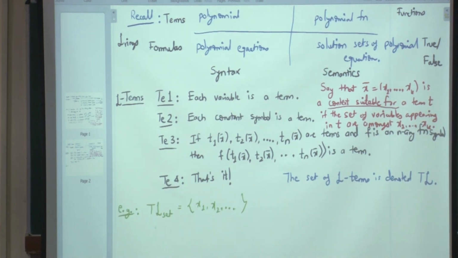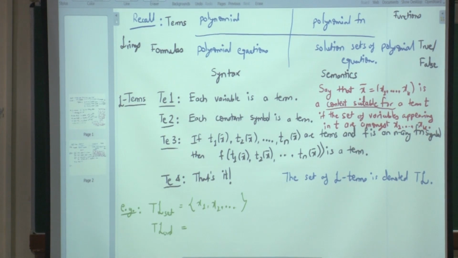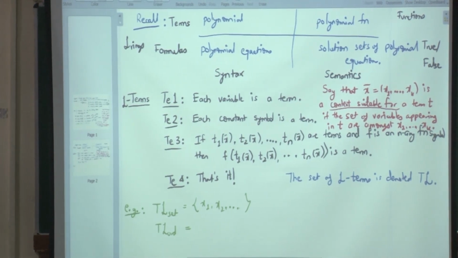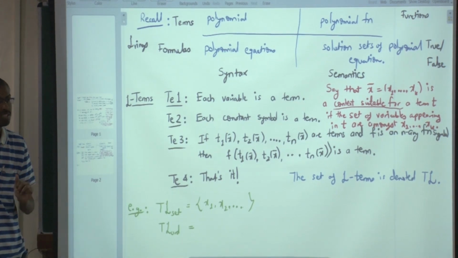Okay. Then perhaps I should talk about TL ord, the language of orders. What does it consist of? A unique binary relation symbol. Try to be more specific.